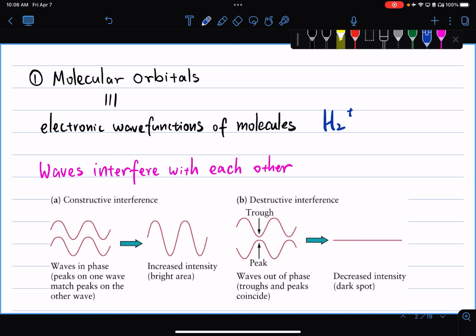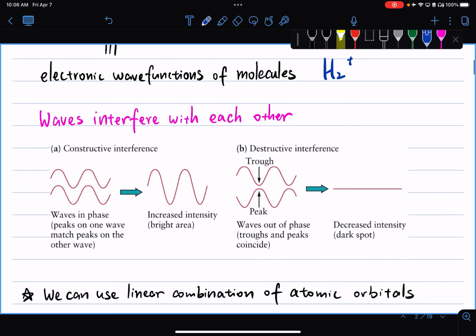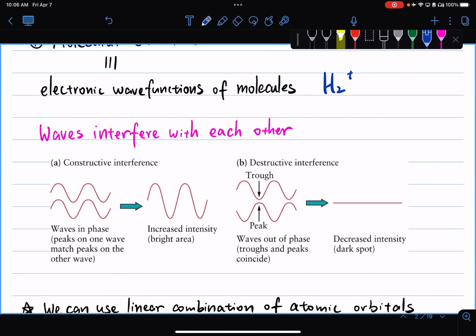When we say they're wave functions, we're saying they're probability waves. One of the inherent behaviors of any wave in physics is that waves can interfere with each other. Whenever two waves pass through the same space at the same time, they will interfere with each other in two different ways. When waves pass through the space in phase with each other, the peak of one wave meets the peak of the other wave.